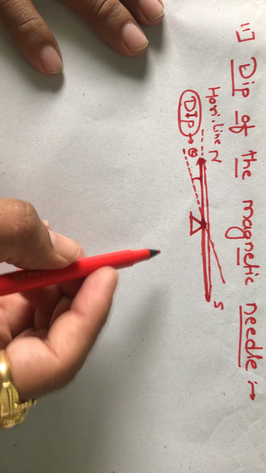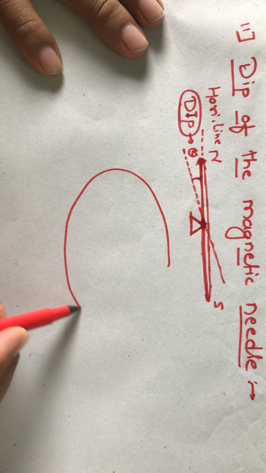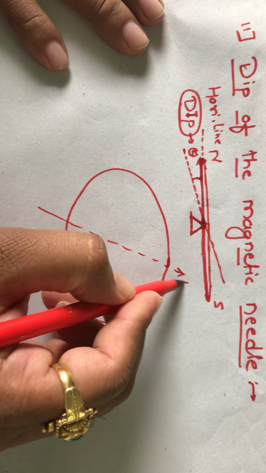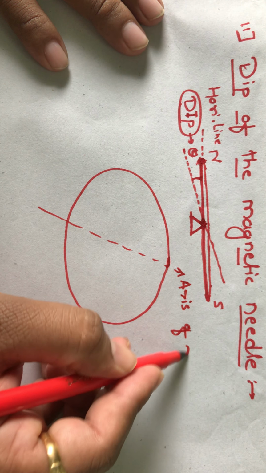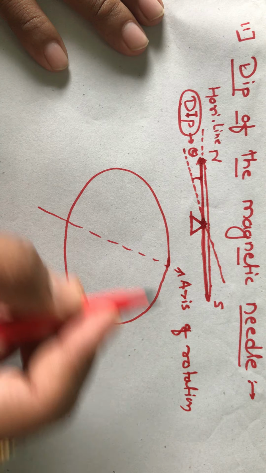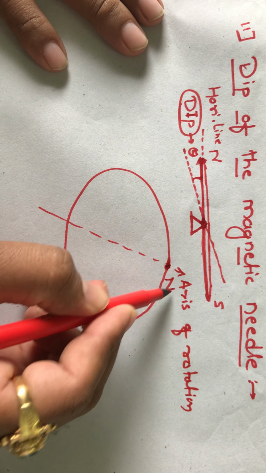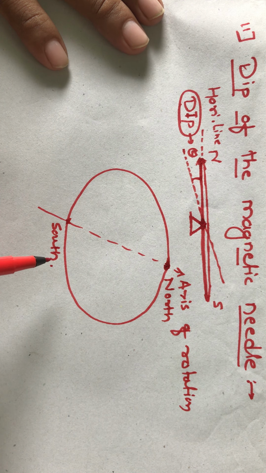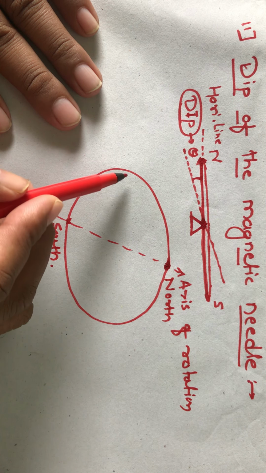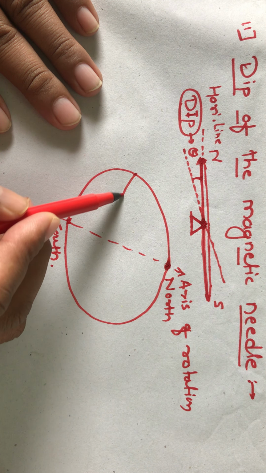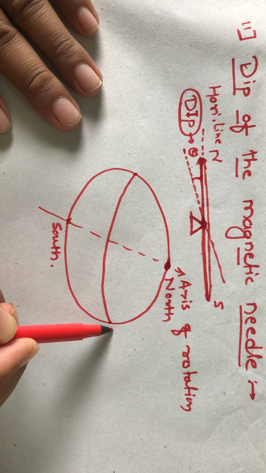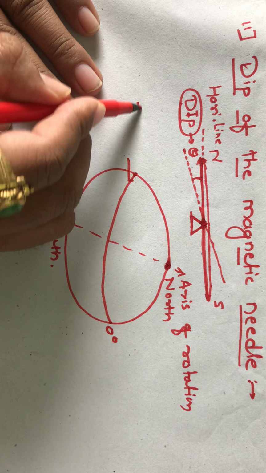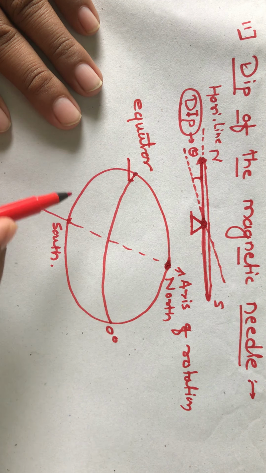Now let me explain that. This is our earth and this is the axis of rotation. This is the north pole, this is the south pole. At 0 degree inclination we have the equator line.